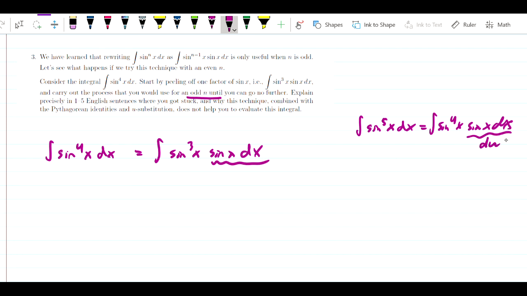So in this case, what we would have done is we would have said that sine is going to be part of the du, and therefore we want to rewrite everything else in terms of cosine. That's the technique that I was referring to. So this is going to be u equals cosine x, du equals negative sine x dx. So negative du equals sine x dx.